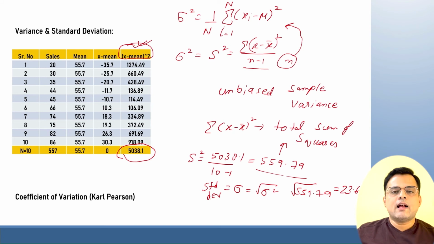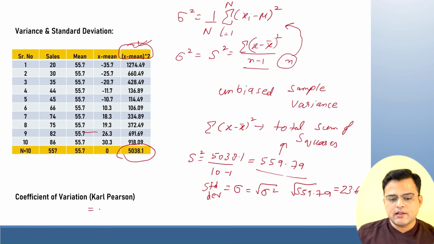So I can say that on average, the difference between the sales of different days and the mean is 23.66 units. If you want to compare across different units, you have to calculate the coefficient of variation.